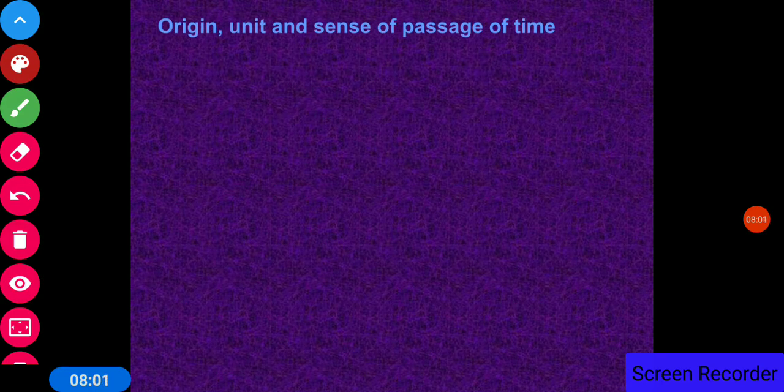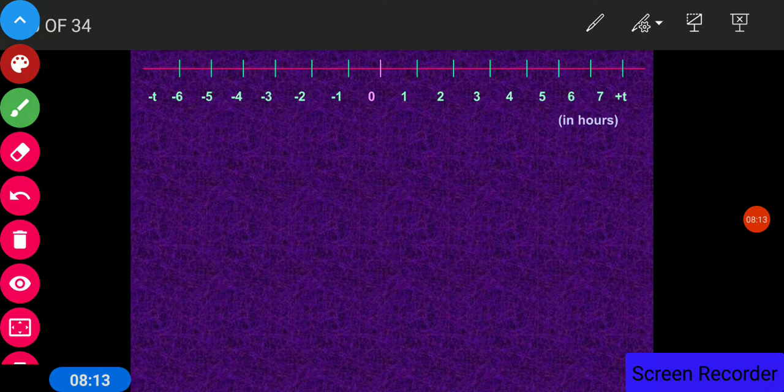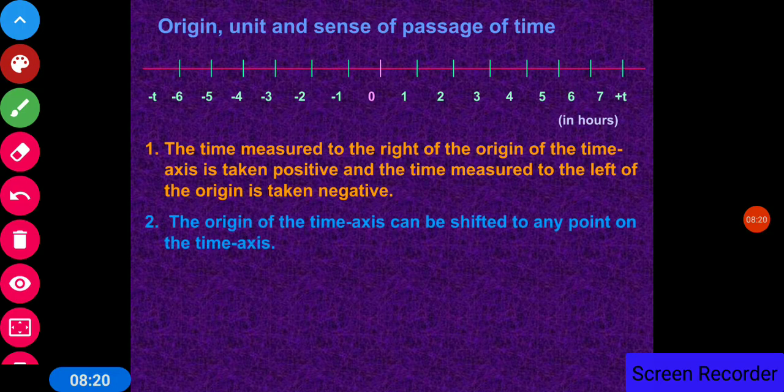Now, origin, unit and sense of passage of time. Let us consider that this is the time axis. Here the point O is the origin, and the left hand side is taken to be negative and the right hand side taken to be positive.